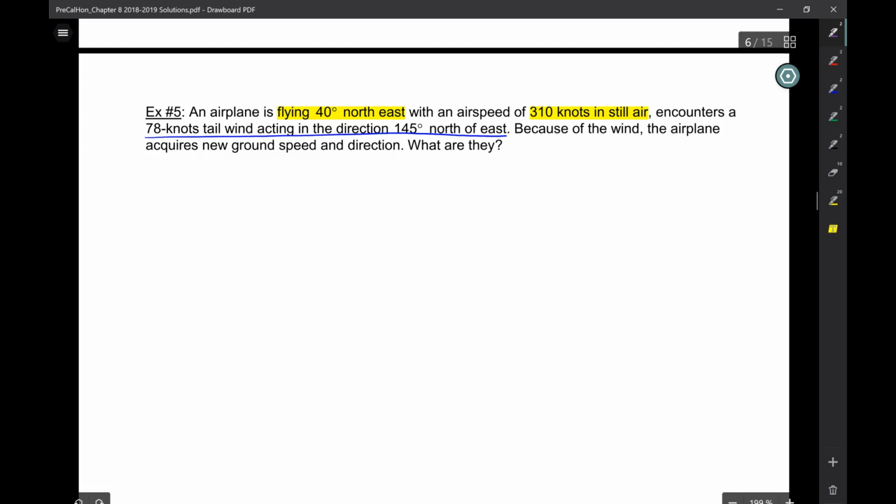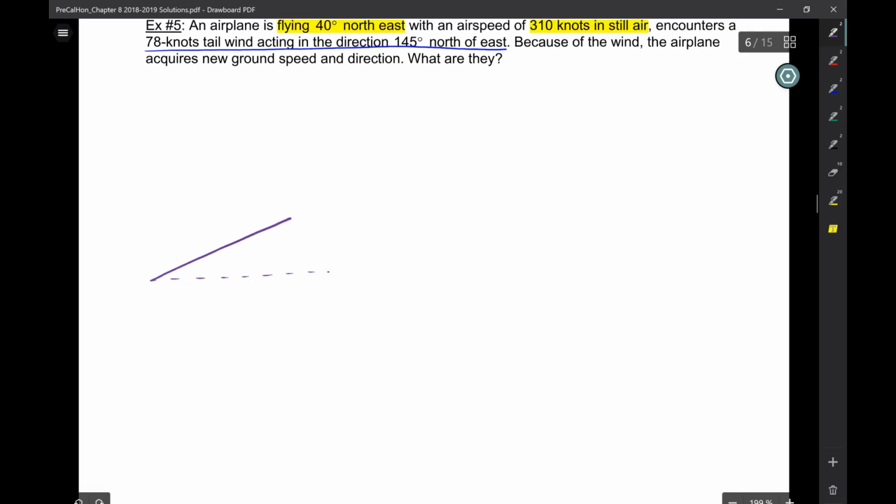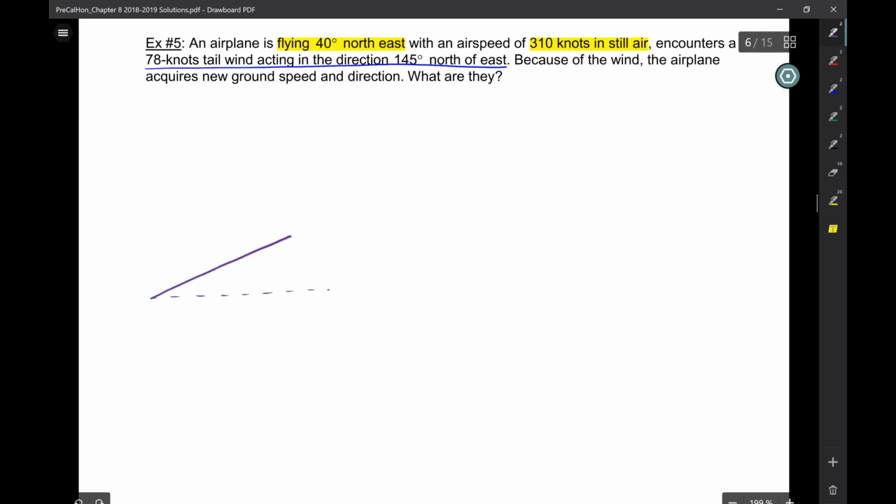Hang on, let me do this whole thing. That's the direction to the east, 40 degrees, 310 knots, 40 degrees north of east. So that's how that looks. I'm going to call this vector P for plane.